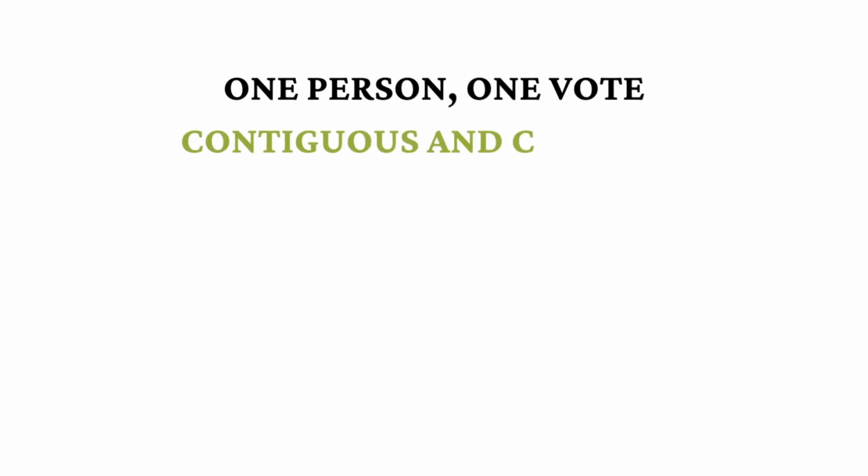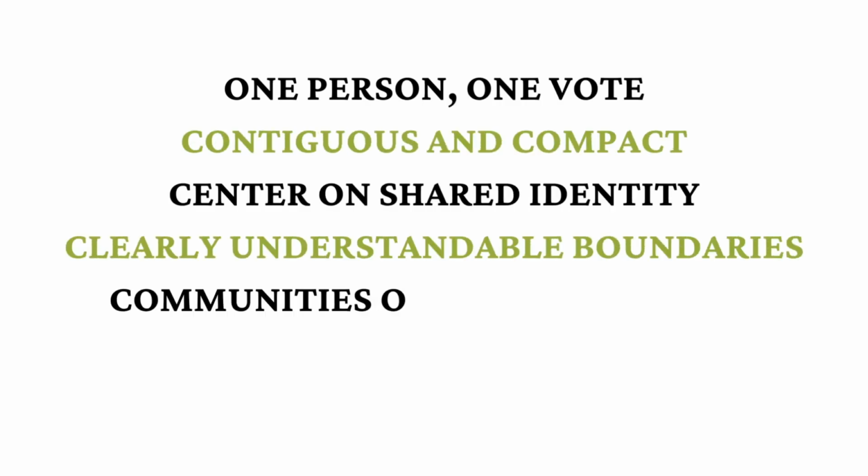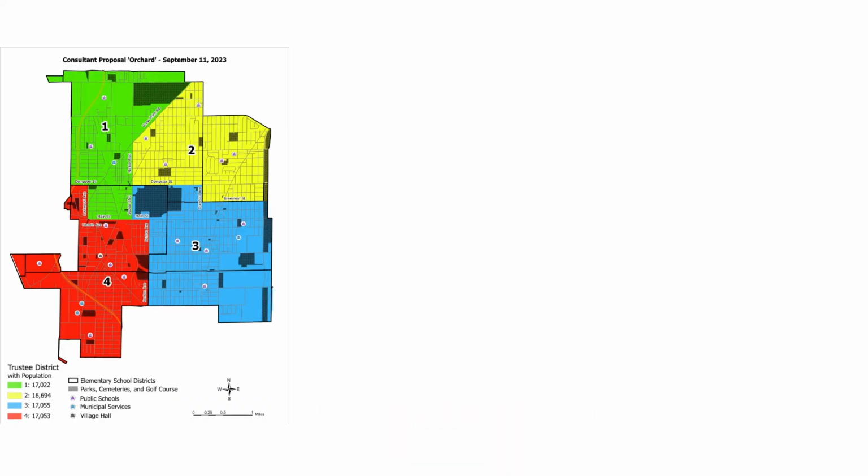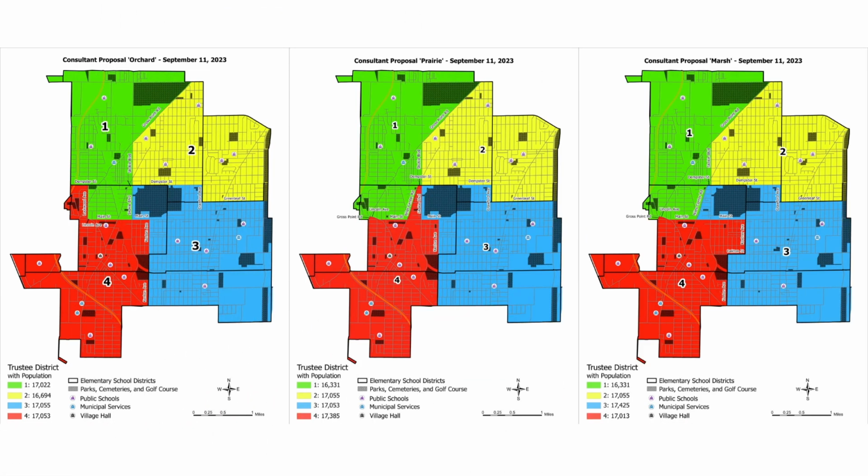And so what we've done is we took these principles and established around them a framework that was essentially a quadrant-based approach to Skokie, and then developed three ideas around that quadrant approach. And we labeled them Orchard, Prairie, and Marsh, just so that we can distinguish between the three of them.